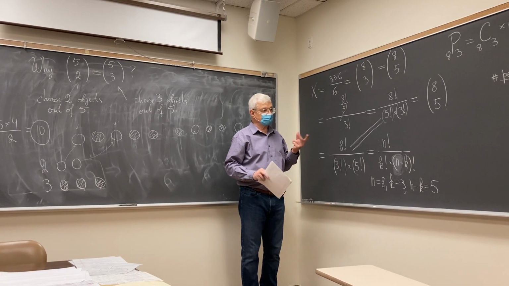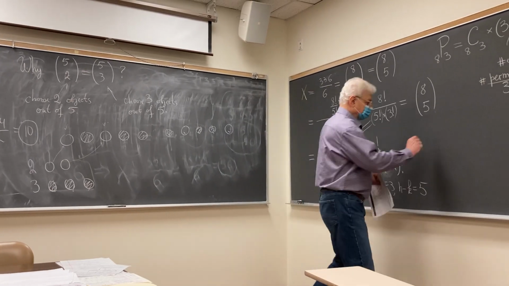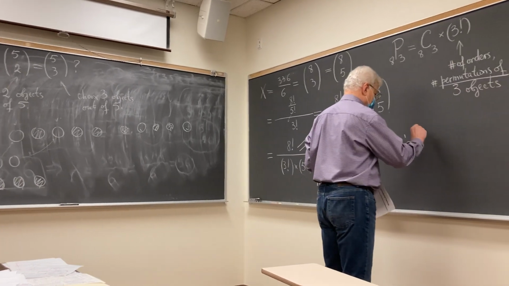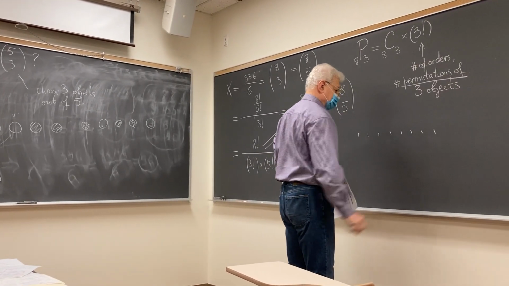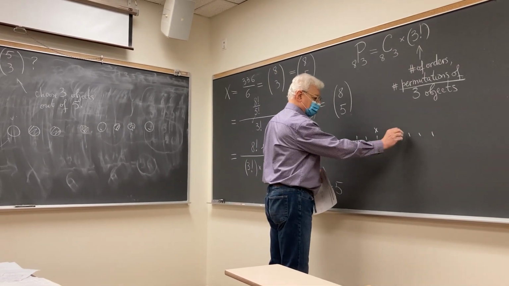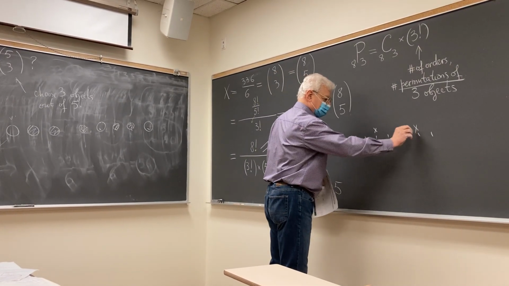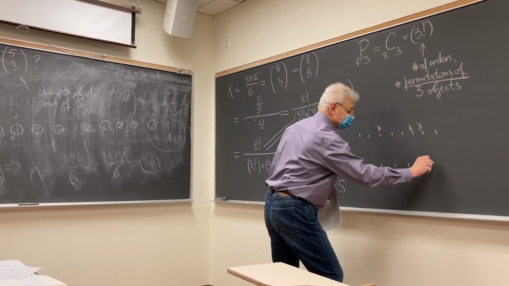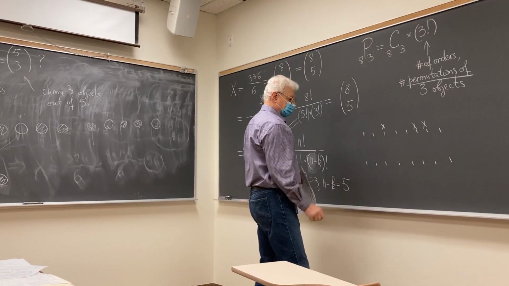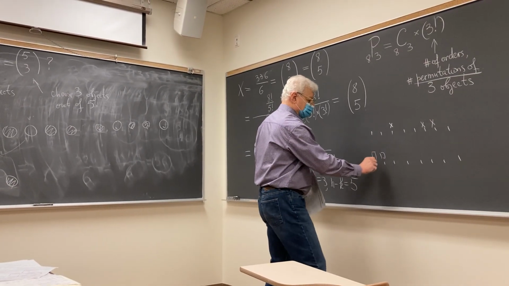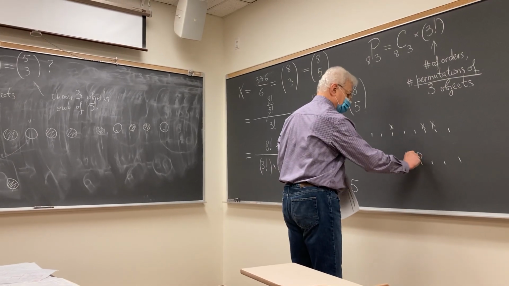So if I have 8 positions, 1, 2, 3, 4, 5, 6, 7, 8, and if I mark 3 of them, then I have to make a correspondence between the same 8 positions, but now I have to mark all the others, the complement.